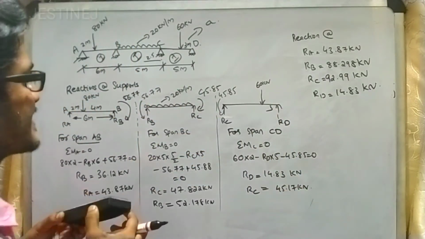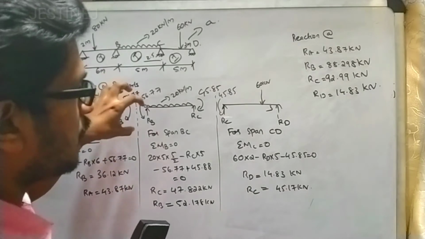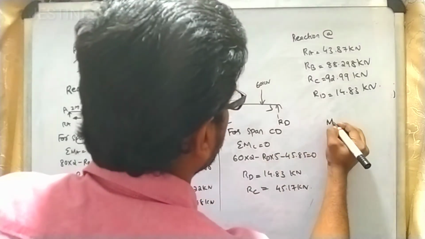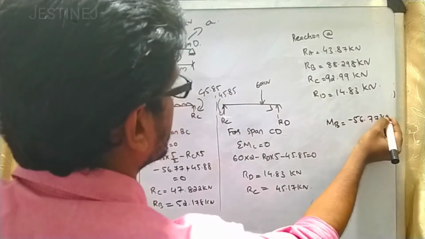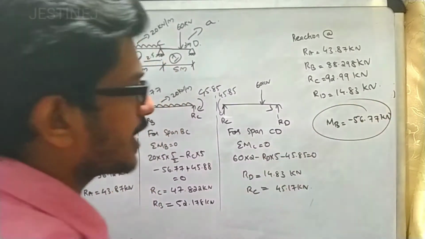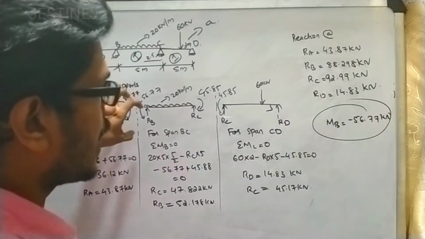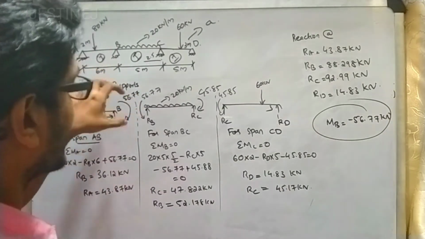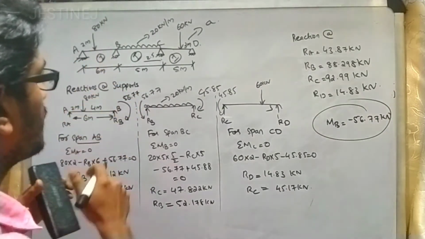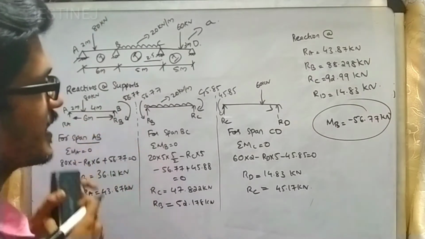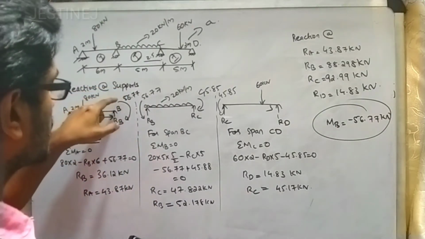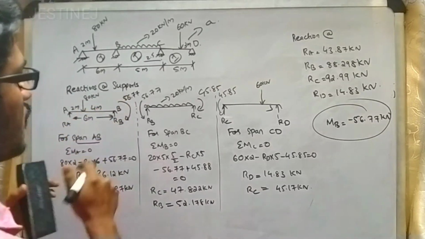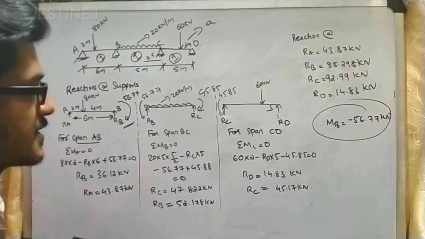In this case, you have to note down that the moment that has occurred is MB equals minus 56.77 kilonewton meter. And we know that it is a hogging moment. So you have to apply the sign or direction accordingly. If you are applying in this clockwise direction, it is going to be a hogging moment. So here the value is going to be a moment of 56.77.